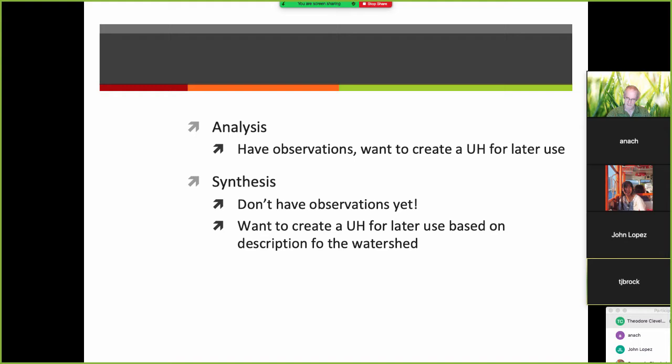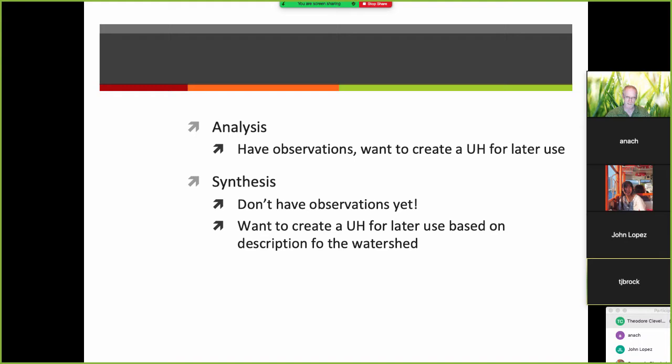In synthesis, you don't have observations. We want to create a unit hydrograph for later use, and what we do have is a description of the watershed. So we know its area, main channel lengths, slopes, soil coverage properties, things like that. What we don't have are paired rainfall runoff observations, and that's usually the case.